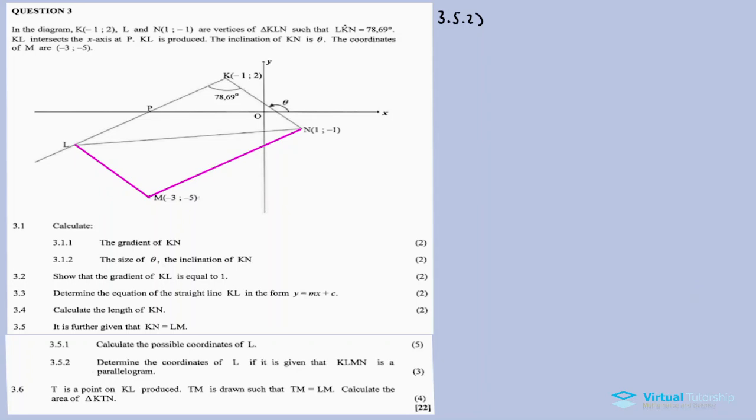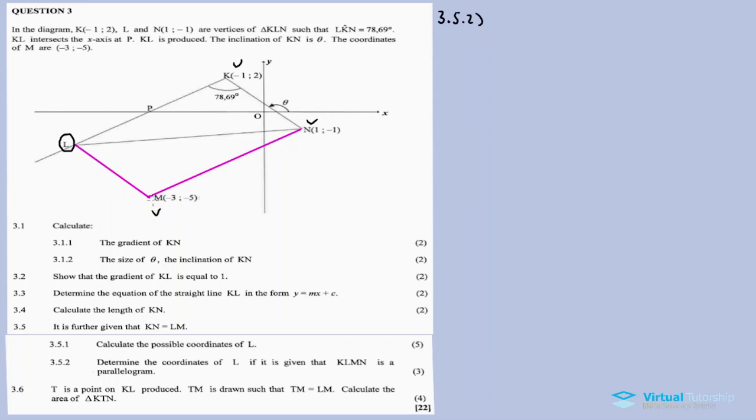Now in a parallelogram, I know that the diagonals, right? The diagonals are what? Since I want to calculate the coordinates of L, they just made life easy and okay, this is a parallelogram. I have this point and this point.